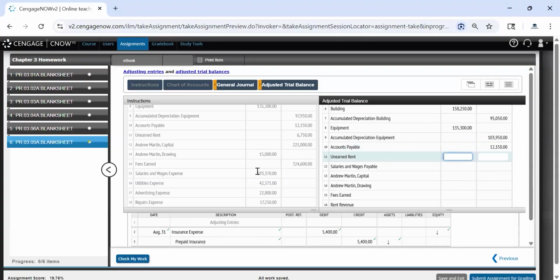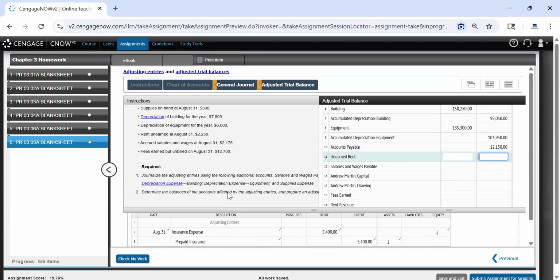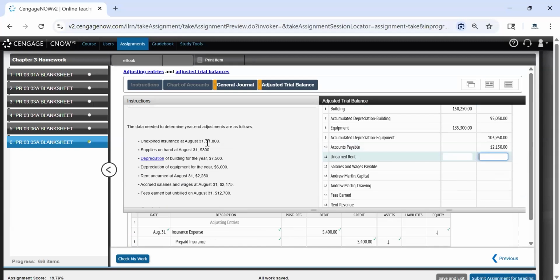The unearned rent, we did adjust our unearned rent over the period and to be $2,250.